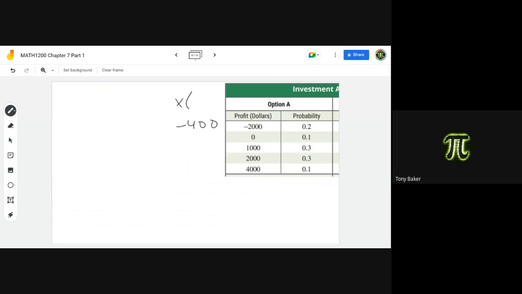So this is x times p of x. 0 times 0.1 is 0. 1,000 times 0.3. 2,000 times 0.3. 4,000 times 0.1.